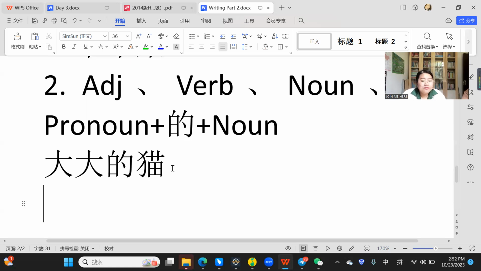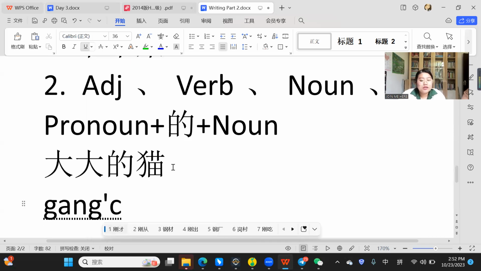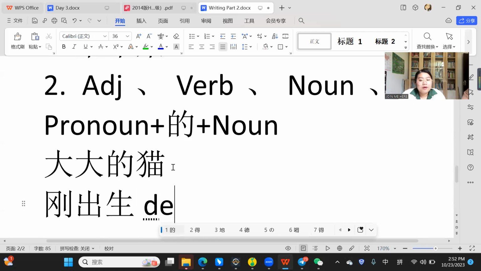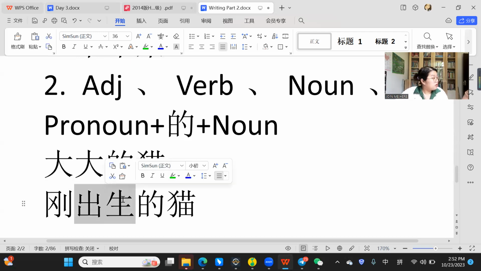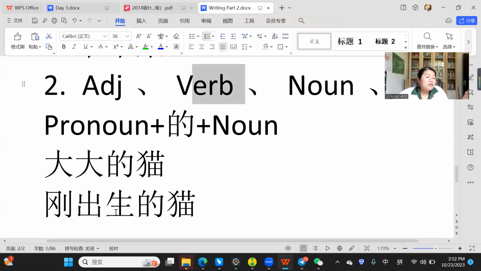And with a verb, it's like 刚出生的猫. 刚出生的 becomes a 定语, right? And 出生 is born. So it's a verb, but you can put a verb in front of the noun just to make it more beautiful.